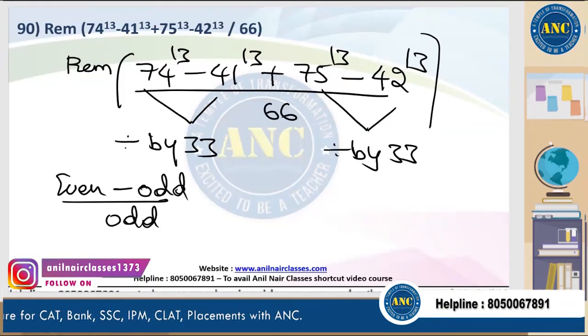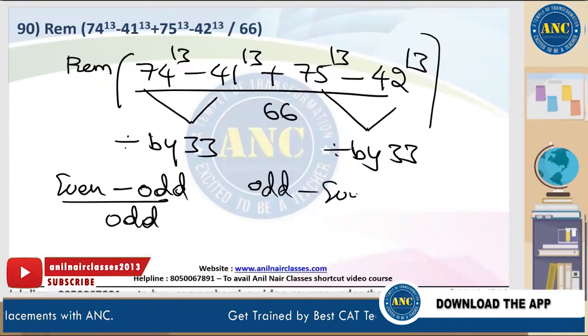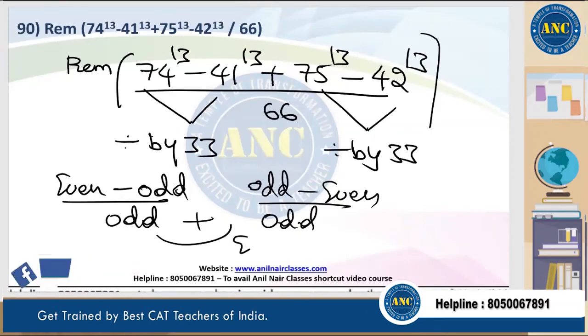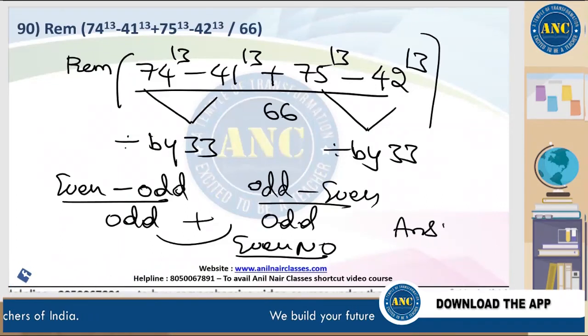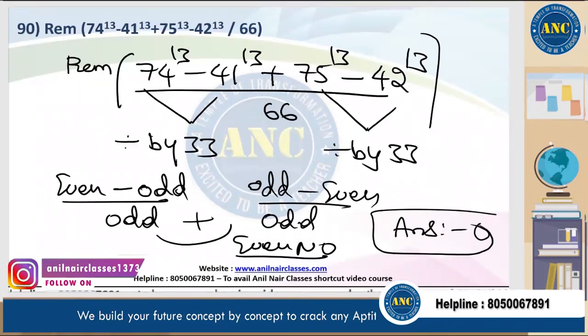Even minus odd is odd. 75 is odd, 42 is even. Odd minus even is odd. Odd plus odd is even number. Again an even number and divisible by 33. Answer should be divisible by 66. 0.